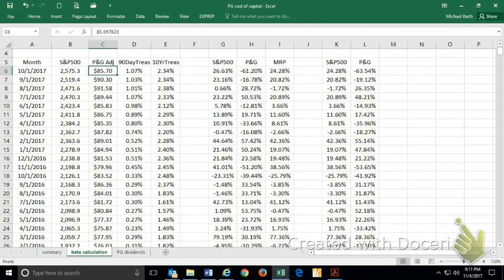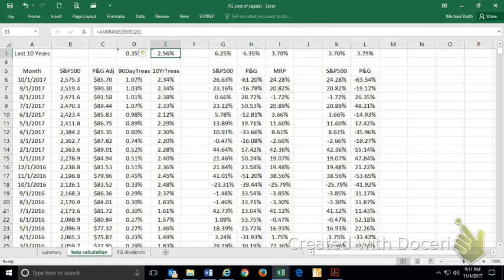That's the stock price adjusted for dividends. I gathered the 90-day Treasury rate and the 10-year Treasury rate for each of those months, and I got those off of the Federal Reserve database.